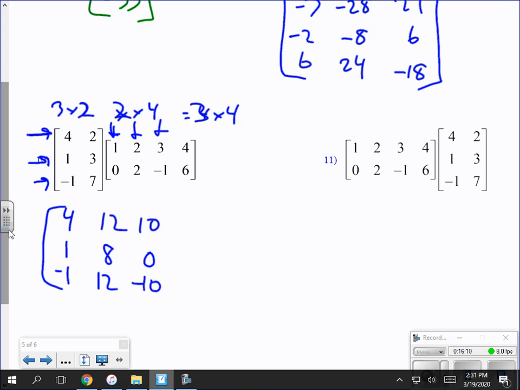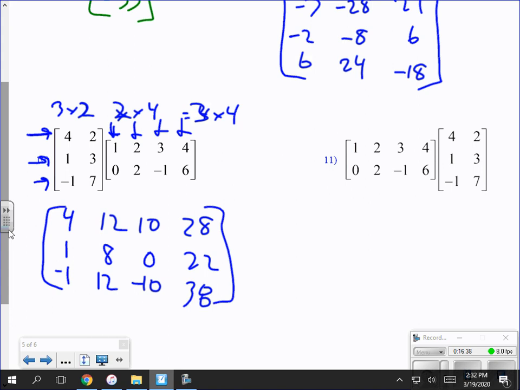And then I do the same thing times this last row to get this last one. 4 and 2 times 4 and 6, 16 plus 12 gives me 28. And then 1 and 3 times 4 and 6, so 4 plus 18 gives me 22. And then negative 1 and 7 times 4 and 6, that's negative 4 plus 42, that gives me 38.